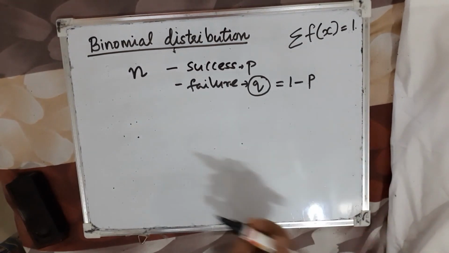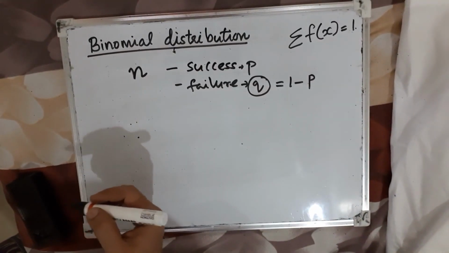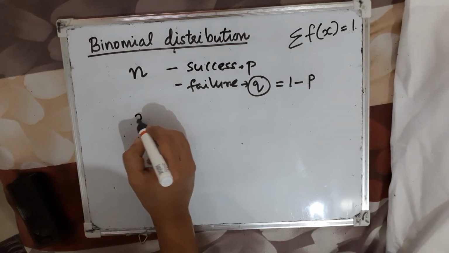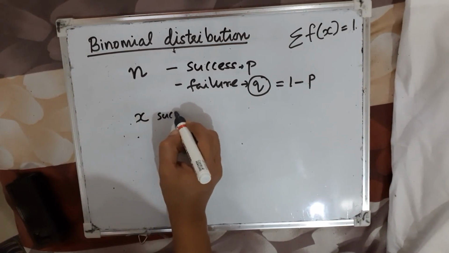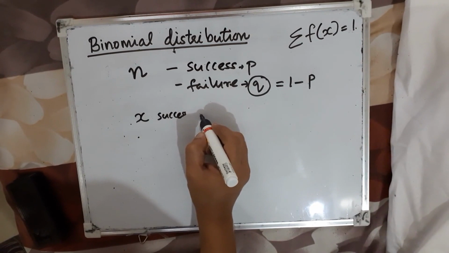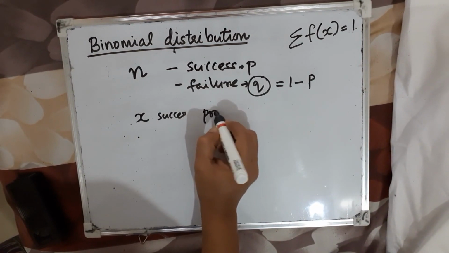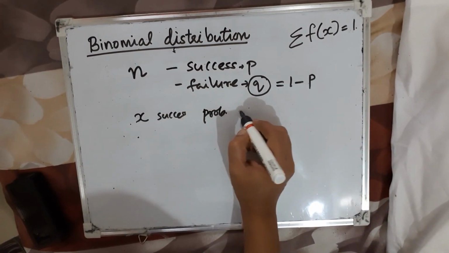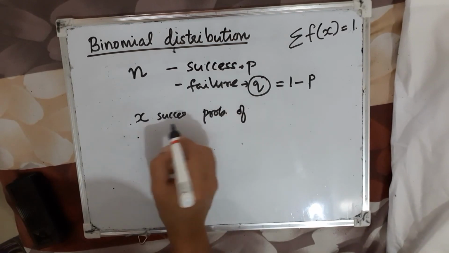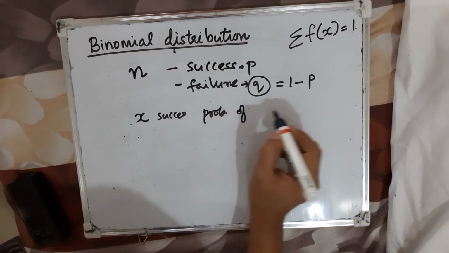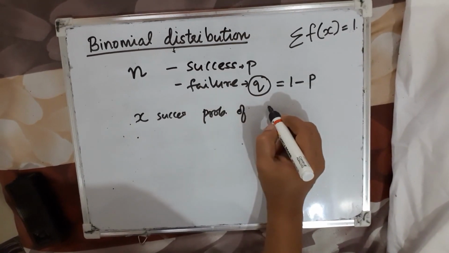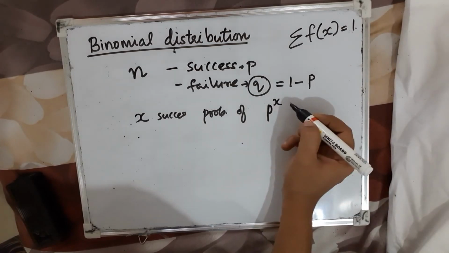Then suppose out of n trials, there are x successes. Then the probability of success will be, for x successes, p raised to x.